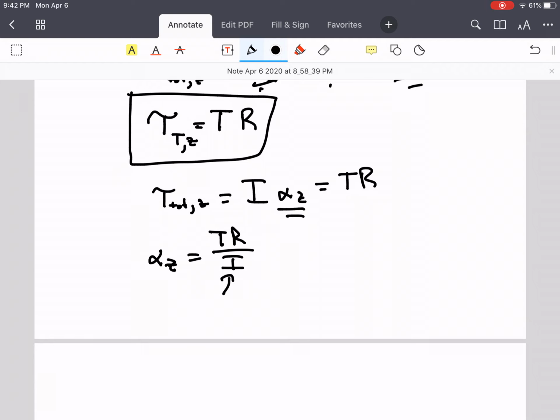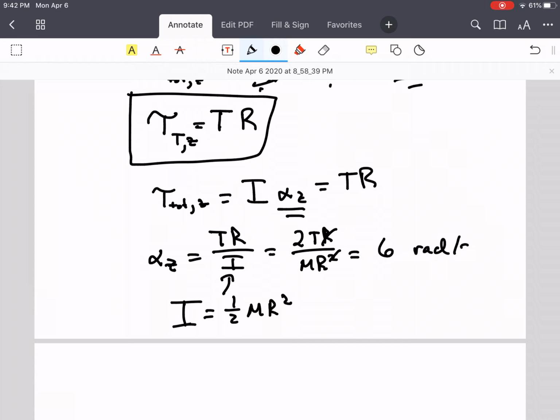Here I just have to go to that handy dandy lookup table. And what you may remember is for a solid cylinder, we're going to use this a lot, the moment of inertia is 1/2 mass times radius squared. So when I plug that in, I get 2TR over MR squared. One of those R's cancels. I get 2T over MR. And when you plug in those numbers, that turns out to be 6 radians per second squared.